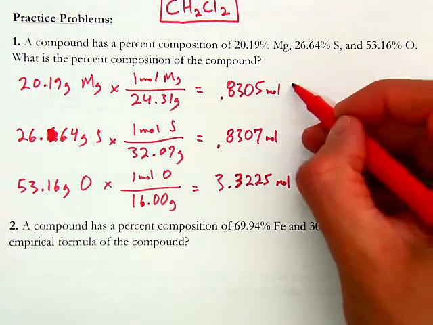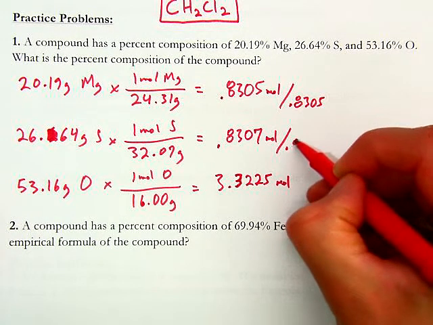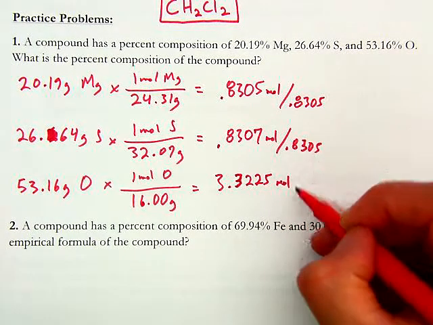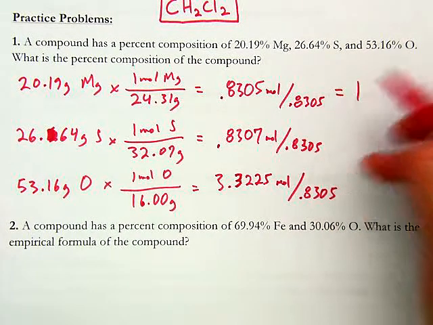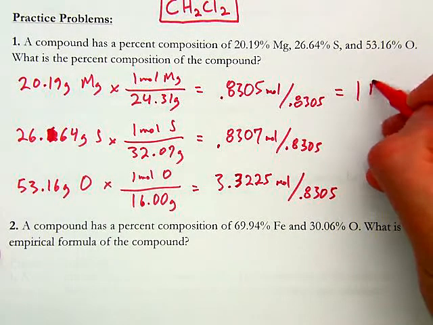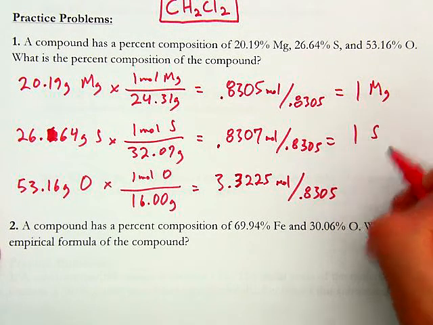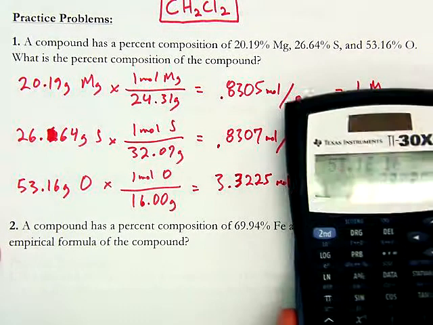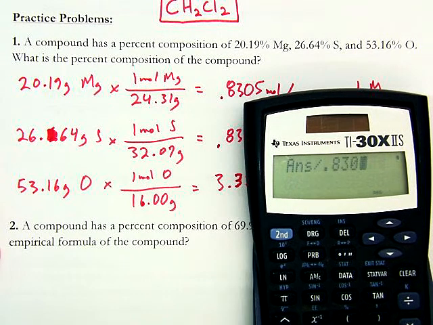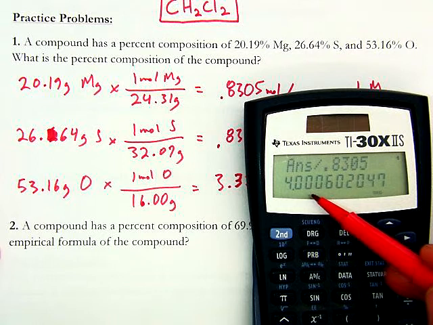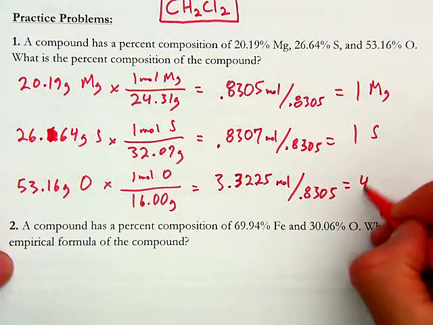So I divide by 0.8305, divide by 0.8305, divide by 0.8305. If I do that, this gives me 1, which is 1 magnesium. This gives me 1, which is 1 sulfur. And if we do this one, this number divided by 0.8305, we get a number which is almost exactly 4.0004 oxygens.